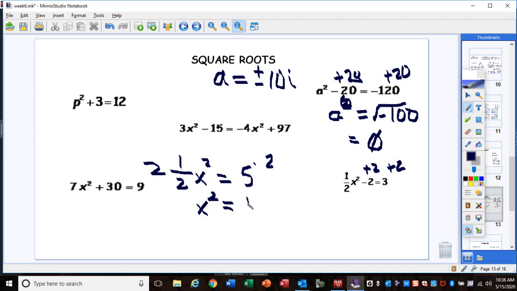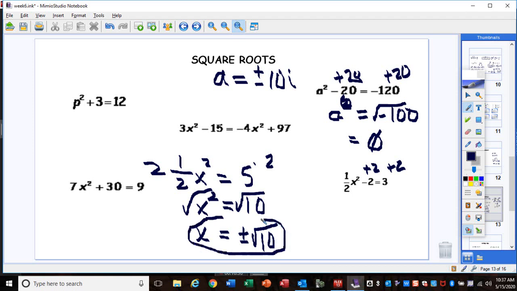That's okay. It doesn't have to be. As long as it's positive, we can still do it. So take the square root of both sides, and what you're going to get is x is equal to positive or negative square root of 10. The square root of 10 can't be simplified, so just leave it as the square root of 10. As long as it's positive, you can still do it. It doesn't have to be a perfect square.